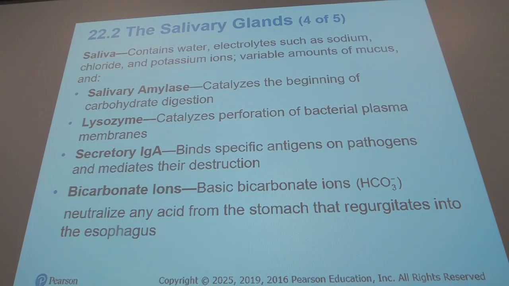Lysozyme enzyme starts destroying bacteria. Bacteria have a cell wall, and the cell wall is destroyed by this lysozyme. Then secretory IgA, an antibody that protects us against infections. Bicarbonate ions, HCO3-, neutralize acids from acidic foods.